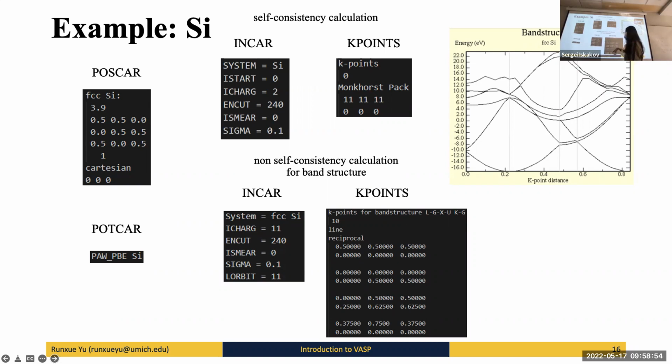Since we have line mode k-points here, we can only have ISMEAR as 0. We cannot have ISMEAR as -5, but we can have ISMEAR with other kinds of smearing. And then we will give the reciprocal coordinates for the silicon. Then this is the band structure from Vasp.